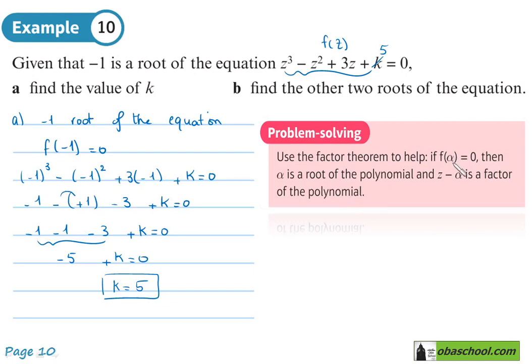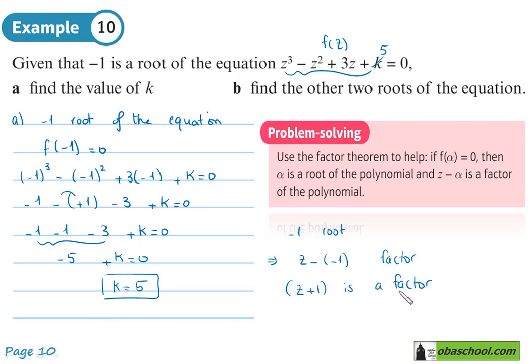The value of alpha given in the question is minus 1, so minus 1 is a root. Therefore, z minus alpha, z minus minus 1, is a factor of the polynomial, so z plus 1 is a factor.